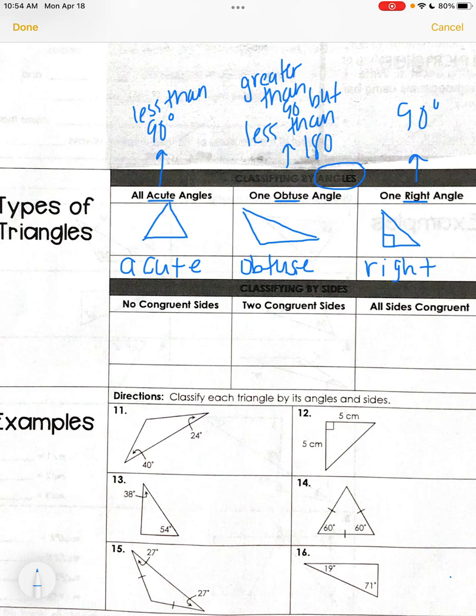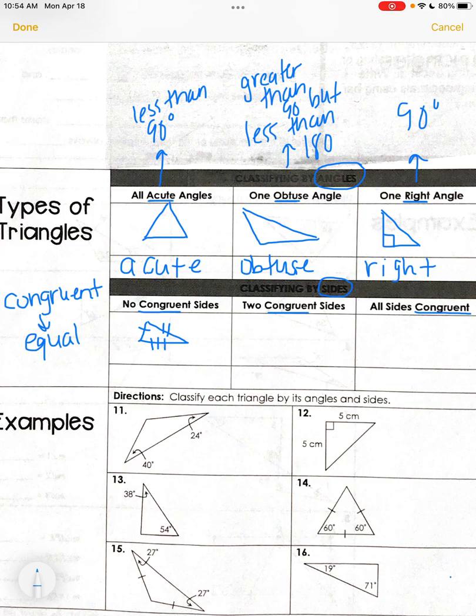So then we can also classify triangles by sides. So remember, this word congruent means equal. Okay, so if we have a triangle with no equal sides, that means all of the sides are different lengths, and you would know that by these little hash marks.